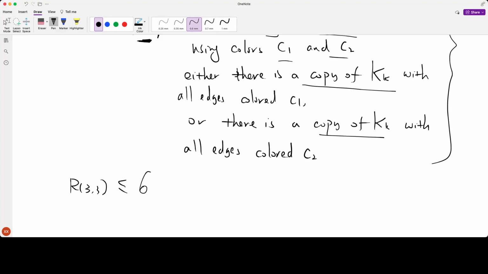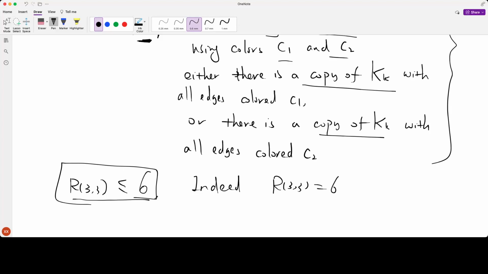They only can prove that R(3,3) is smaller or equal than 6. To prove that R(3,3) is greater or equal than 6, you have to show that indeed R(3,3) equals 6, but my proof is not complete.